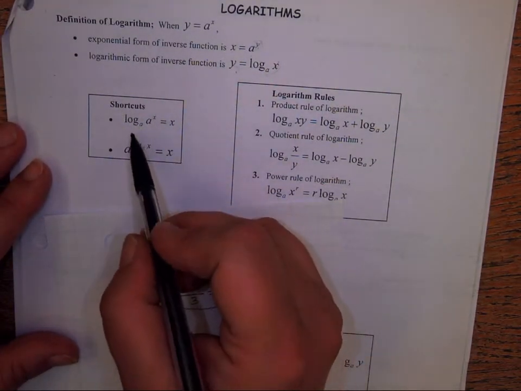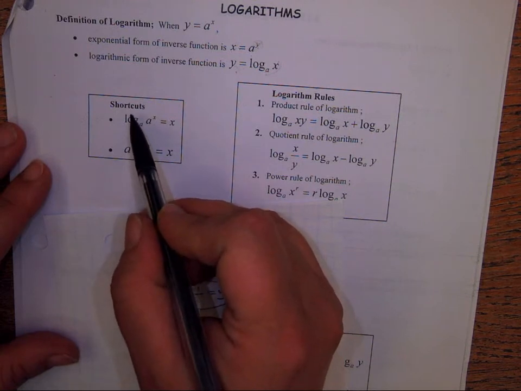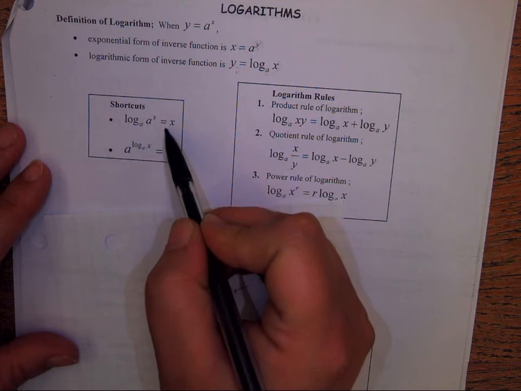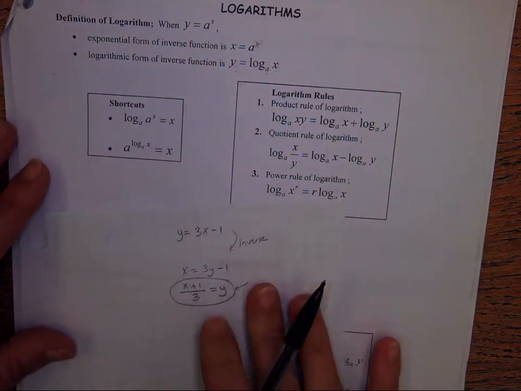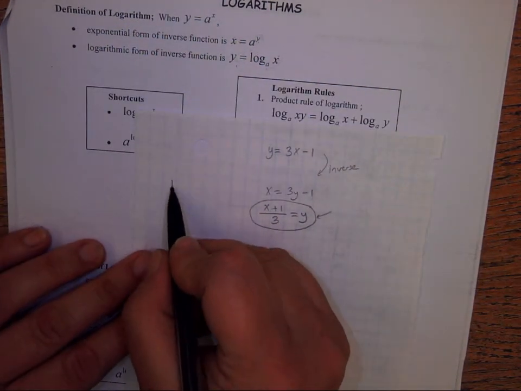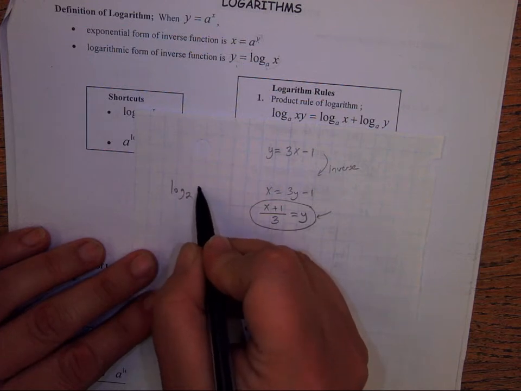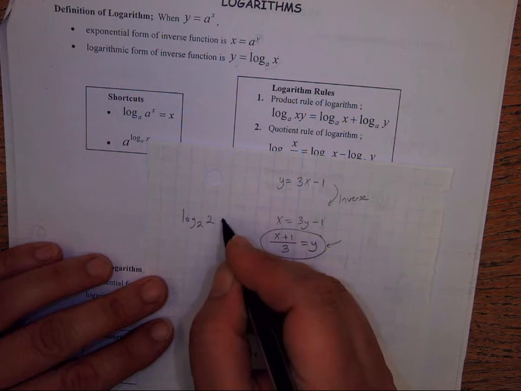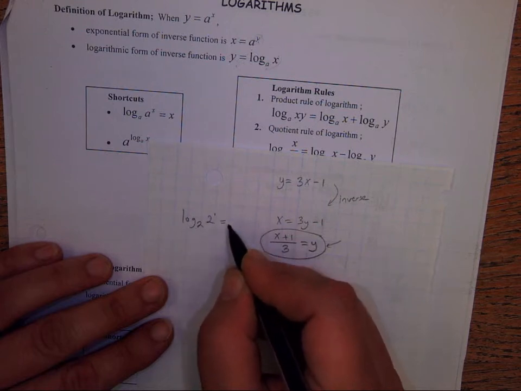So we can look at these shortcuts. If you have logarithm base a of a to the power x, that is equal to x. So let's say if you have logarithm base 2 of 2, that is equal to, because this is to the power of 1, 1.